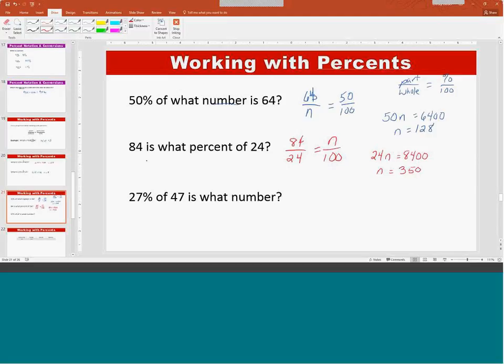So I know that 84 is 350% of 24. That makes sense. Since 84 is larger, it would be multiplied by a higher percentage than just 100%. The part is larger than the whole.